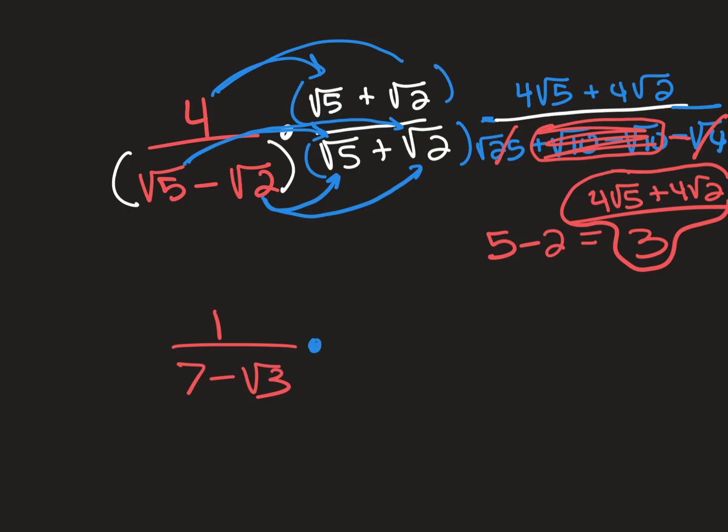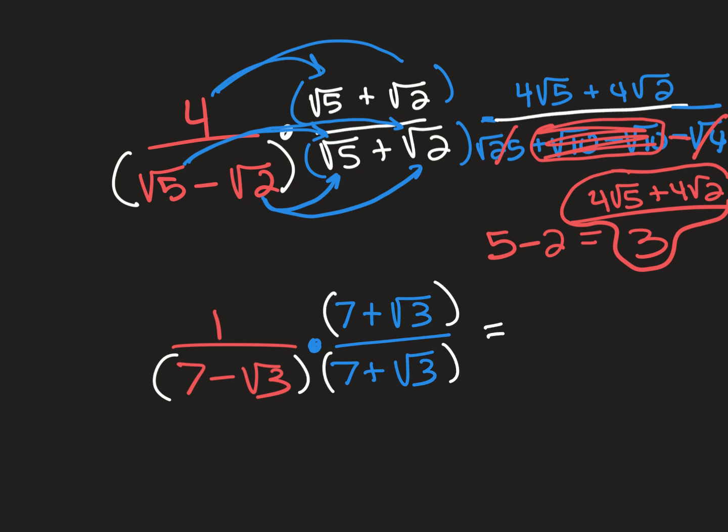So this one, again, you got to think about the conjugate. It's going to be 7 plus the square root of 3, and we're going to use that at the top and the bottom. Going to go ahead and FOIL and distribute. Honestly, distributing a positive 1 doesn't really do anything, so I'm just going to rewrite the top. The bottom does change a little. We got 7 times 7 is 49. 7 times the square root of 3.